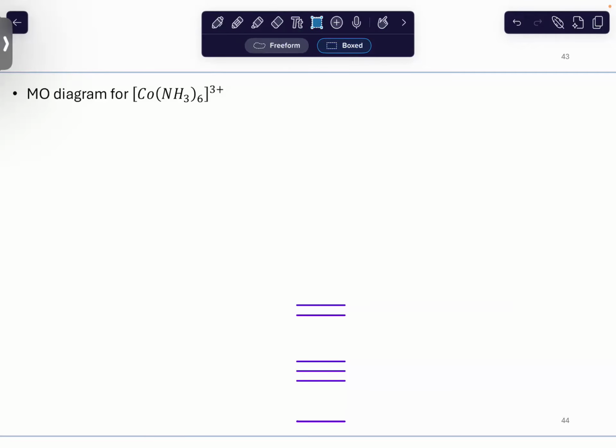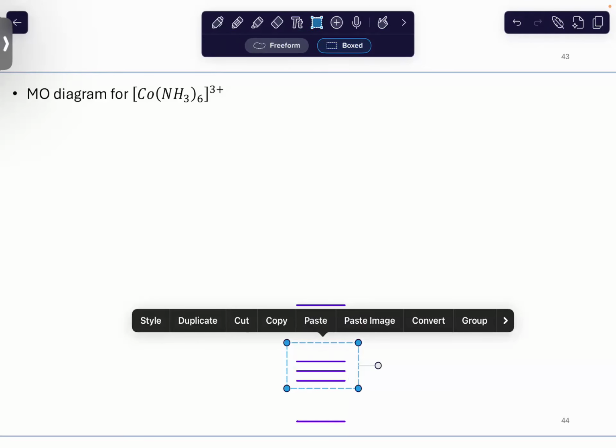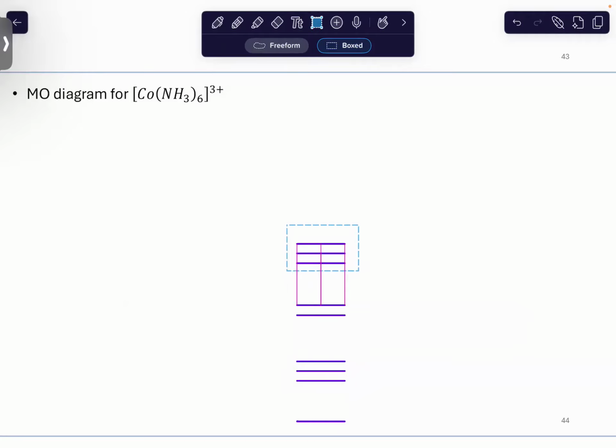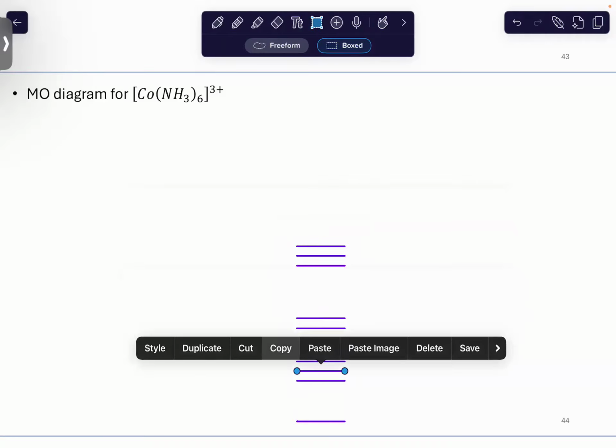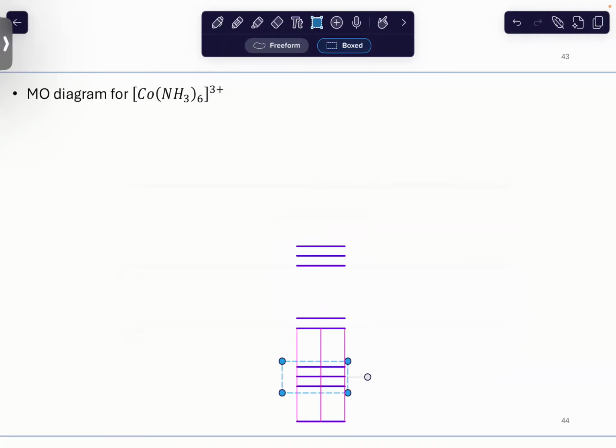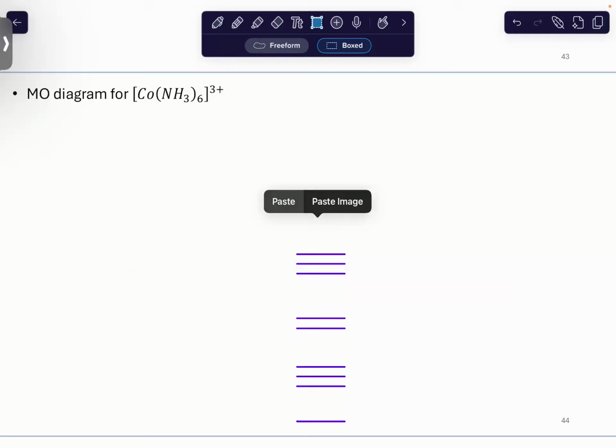Now I'm going to need 3 in the middle. Already running out of space. Alrighty. And then maybe a gap.